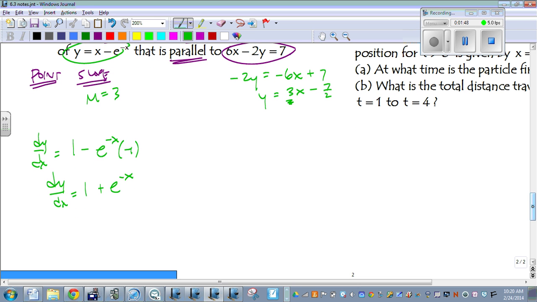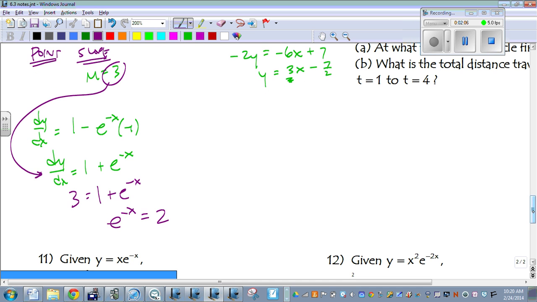Now, we know we're looking for the point where the slope is 3. So I'm going to go ahead and take 3 and put that in for our derivative. So 3 equals 1 plus e to the negative x, which means e to the negative x is going to equal 2. How do we solve that equation?